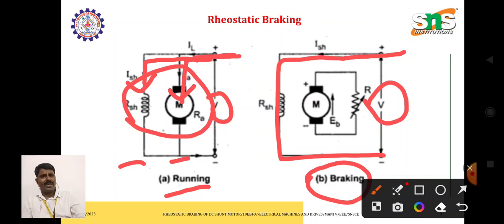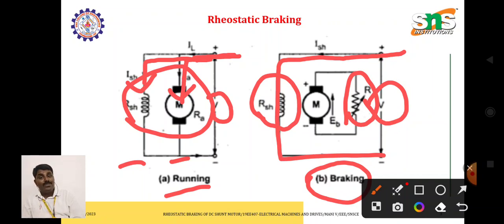But in the braking condition, the line current only enters the field winding. And what about the armature? Here the armature is disconnected from the power supply, and after that a variable rheostat is inserted across the armature.